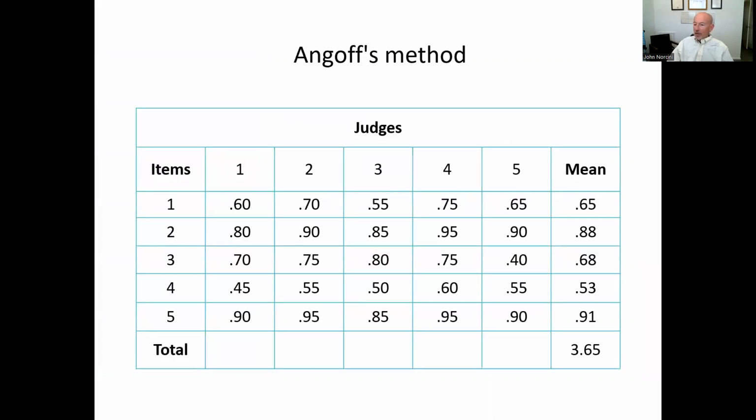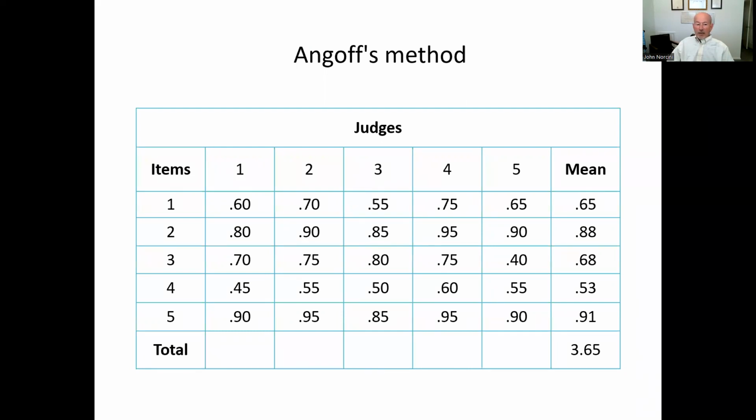So this is a hypothetical example of an Angoff with 5 judges and 5 items. What you can see is at the top, the judges are 1 through 5, and each estimate that they provided is indicated in the block.